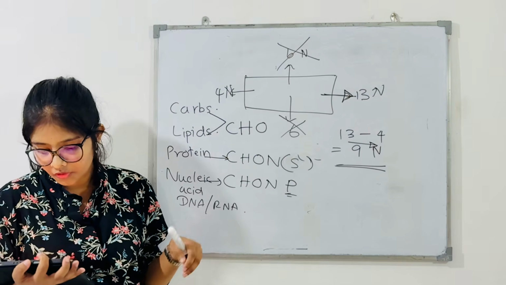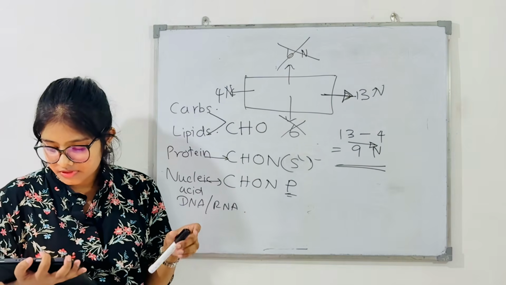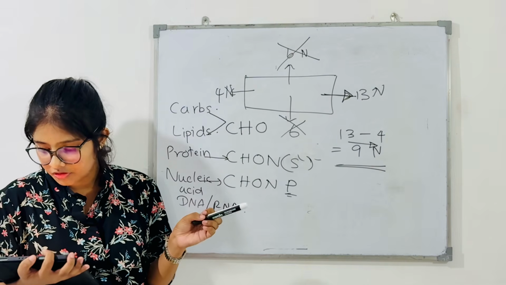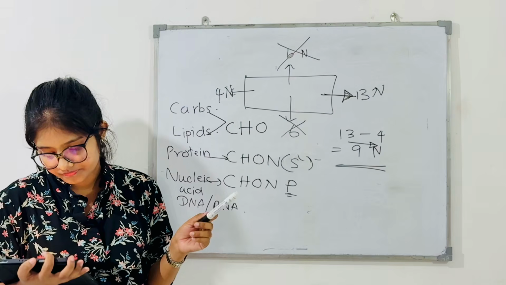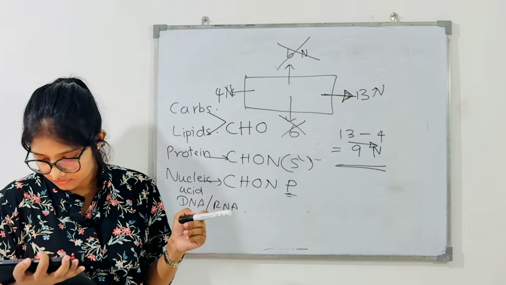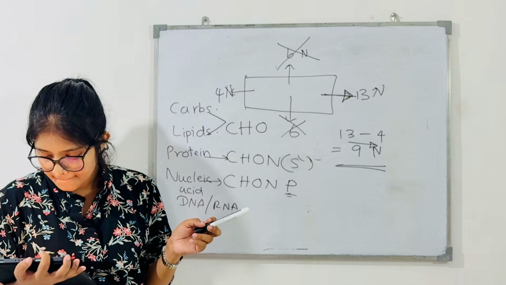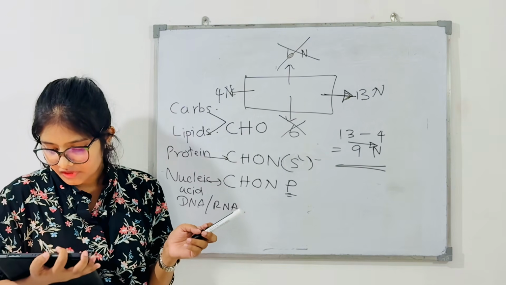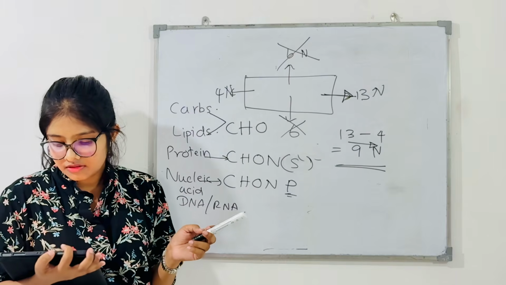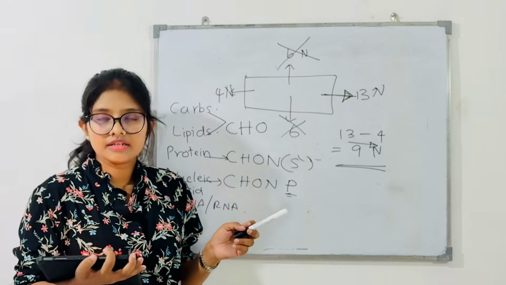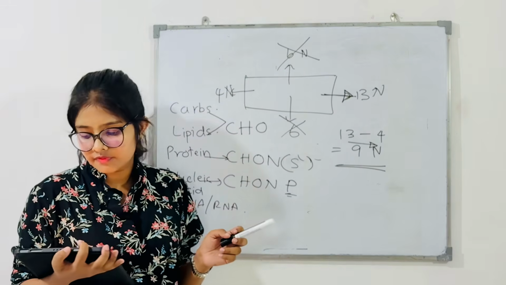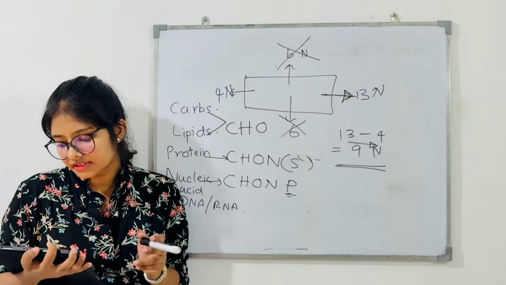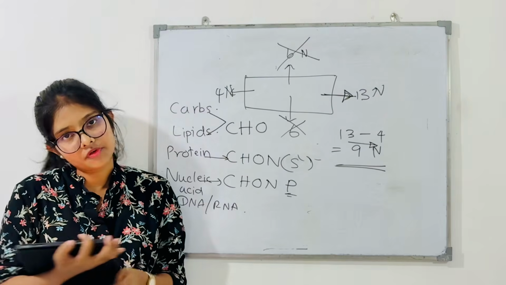Next one, the 24th one. What is the option that contains only crystalline forms among the allotropic forms of carbon? Okay, so in carbon and in other elements as well, there are two forms, the crystalline form and the amorphous form.